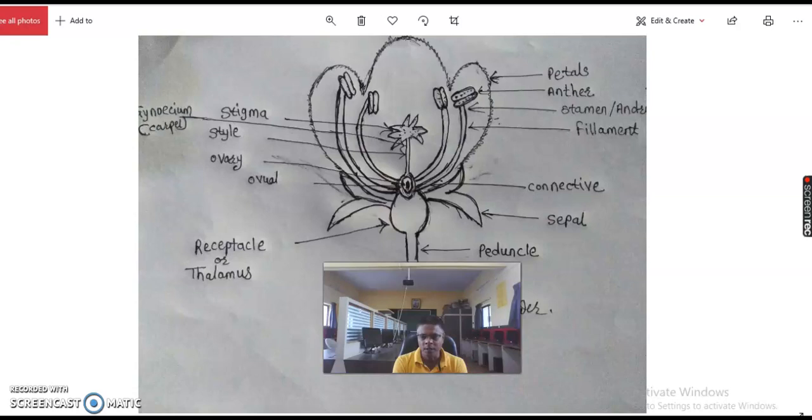Each pistil consists of 3 parts, that is the stigma, style and ovary. So we study these remaining parts.